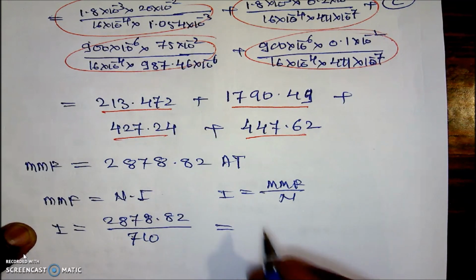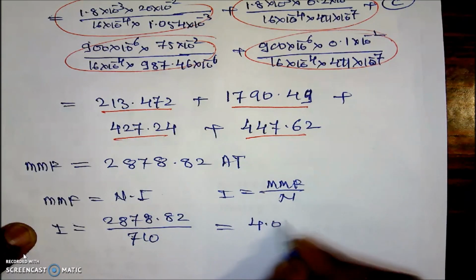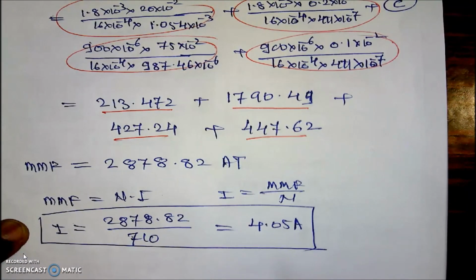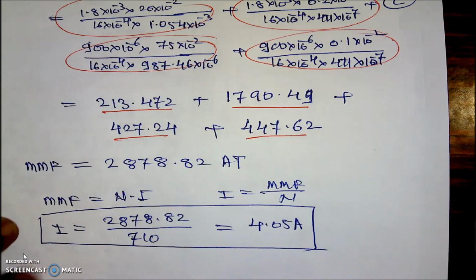Doing this calculation, the value is 4.05 amperes, the current needed in the circuit to have that much flux in the central limb and side limb and so on.